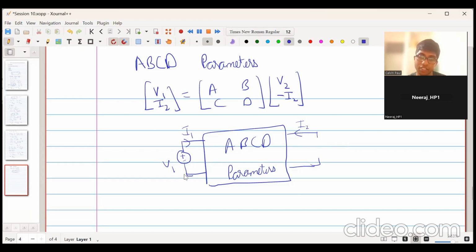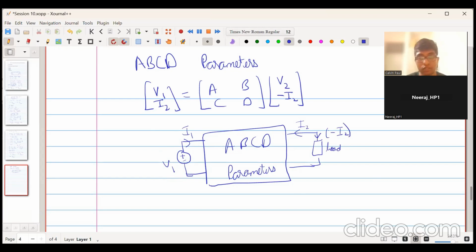there's a generator over here, this side sending power, and it generates a voltage V1 and it sends current I1. But over here at the output, there is a load connected. We'll consider this to be a load, and the current which is flowing into the load is minus I2.